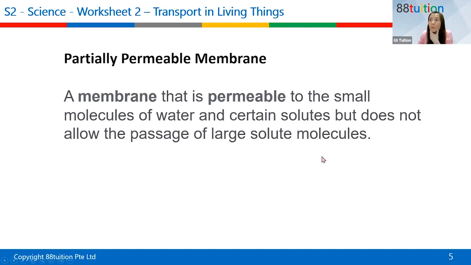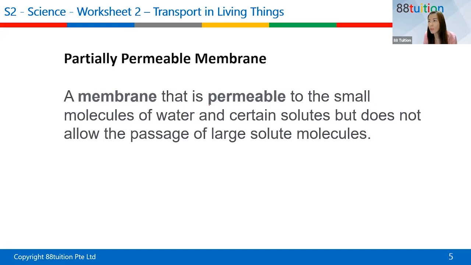You need to know this particular membrane is called partially permeable membrane. It's a membrane that is permeable. Permeable means allowed to pass through, allowed to permeate. Okay, so it's only permeable to the small molecules of water and certain solutes, but does not allow large solute molecules to pass through, right?